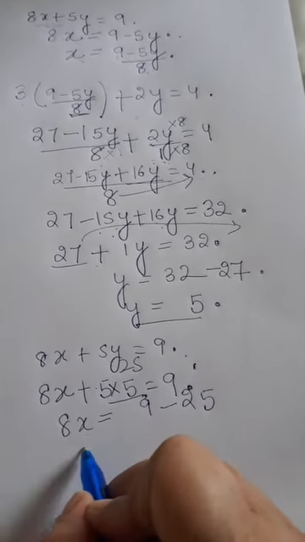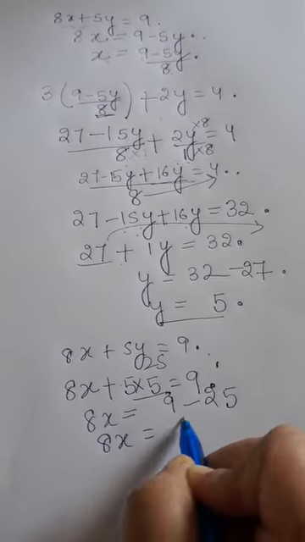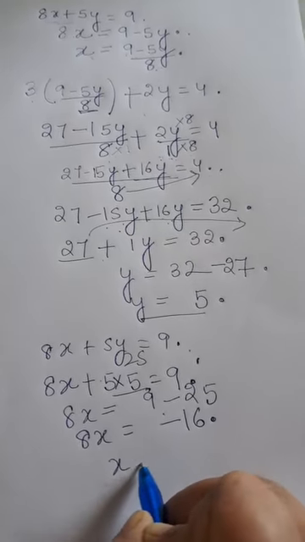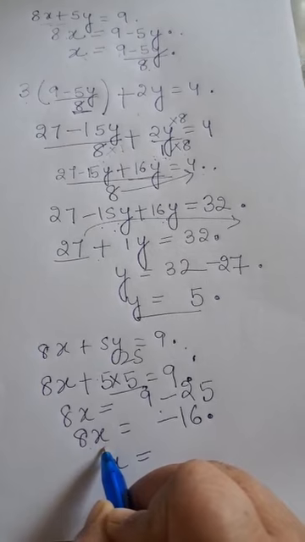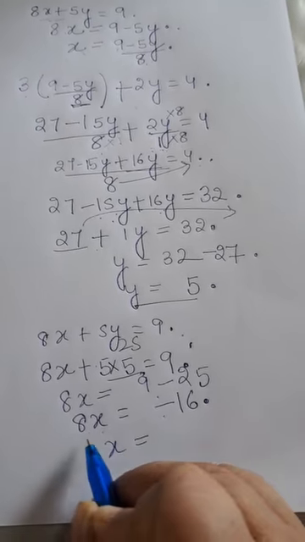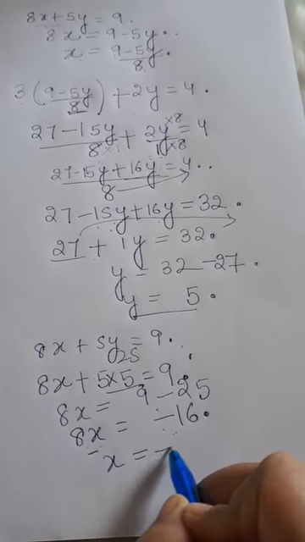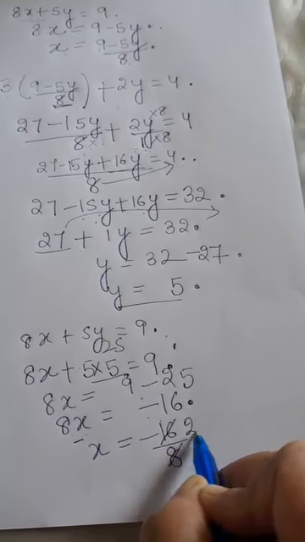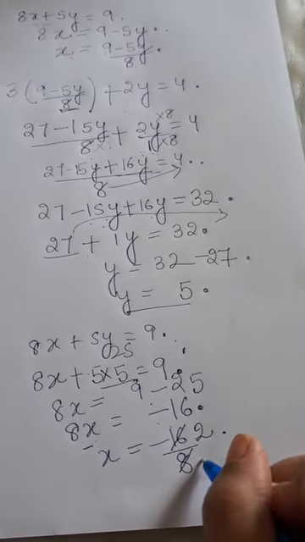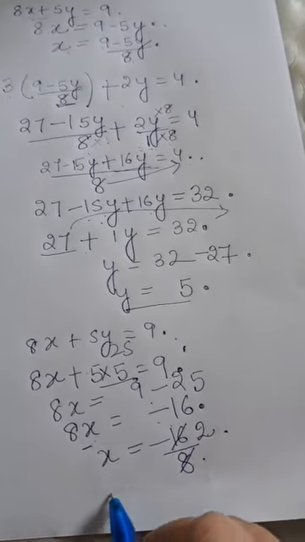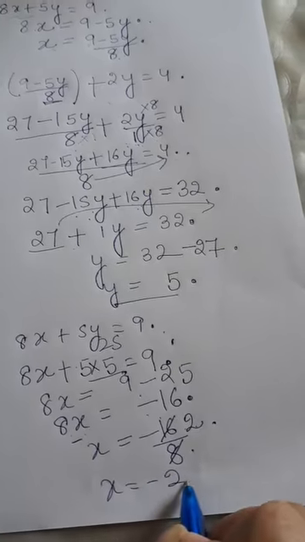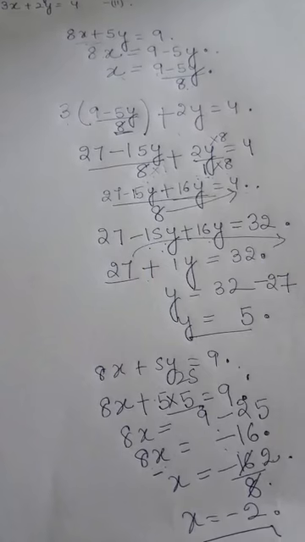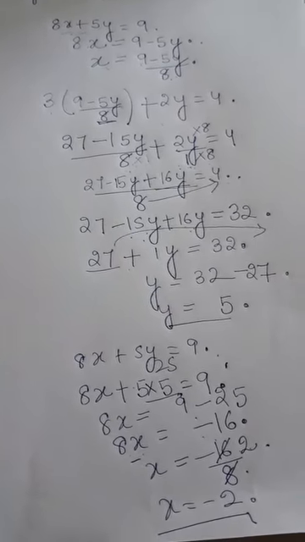So 8x is equal to 9 minus 25, which is minus 16. So 8 goes to the other side of the equation because I want to find the value of x. So it becomes minus 16 divided by 8, that is minus 2. So x comes out to be minus 2. This is how we solve simultaneous equations by the substitution method.